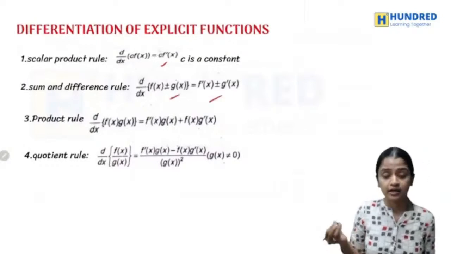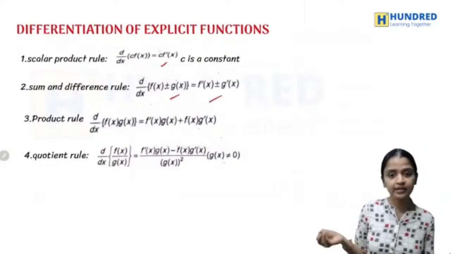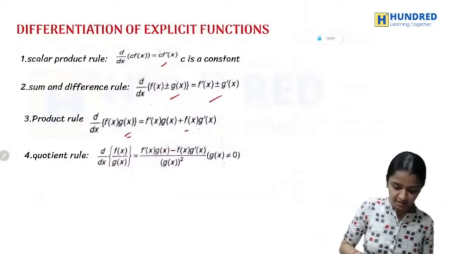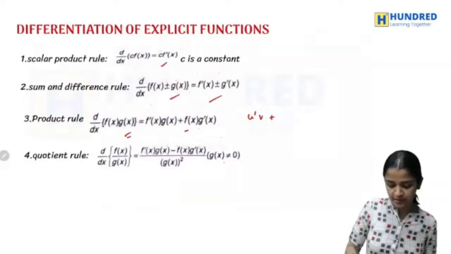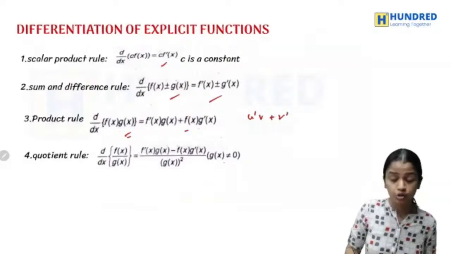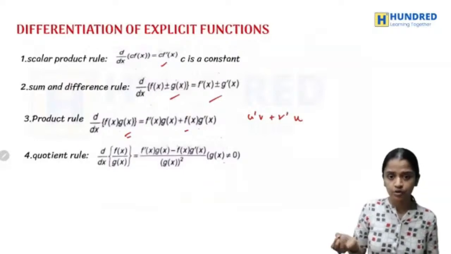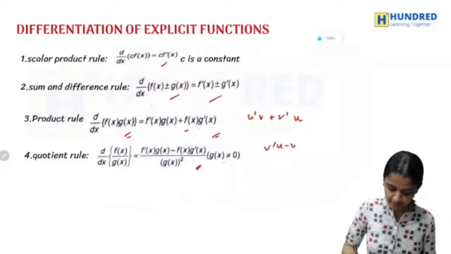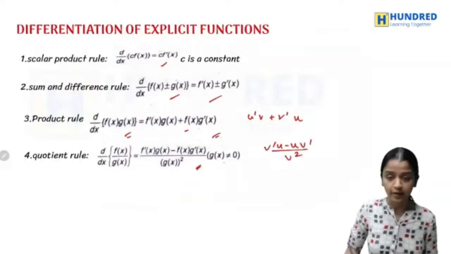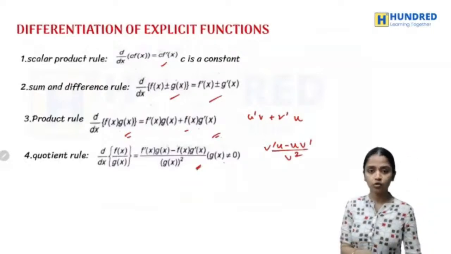For addition, just differentiate each and add. Multiplication is the UV method, we already know: V dash U plus U dash V. And this is V dash U minus U V dash by V square, the same quotient rule.